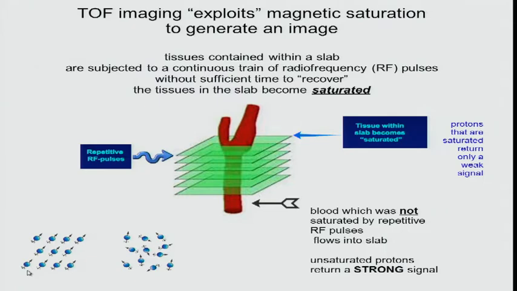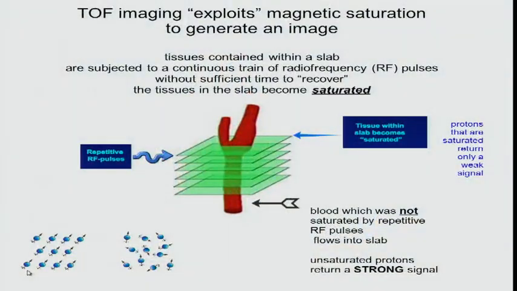Now, if we were doing just a regular T1 or T2 weighted sequence, then we would turn the magnet off, and all of those would flip back at a rate that's consistent with what they are. So water's going to flip back faster, bone's not going to move at all, and soft tissues are intermediate. The degree to which they flip back determines what signal they send back for you to reconstruct into a picture. Does that make sense? Okay. So we apply these repetitive RF pulses to the slab.